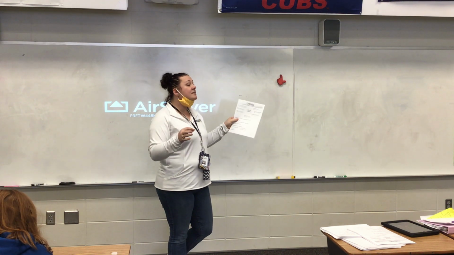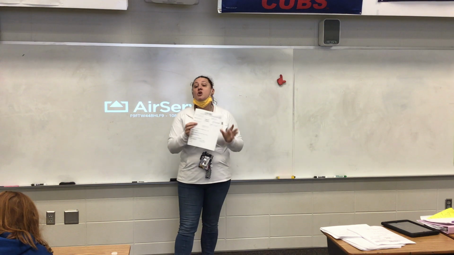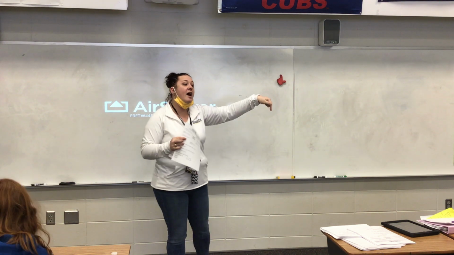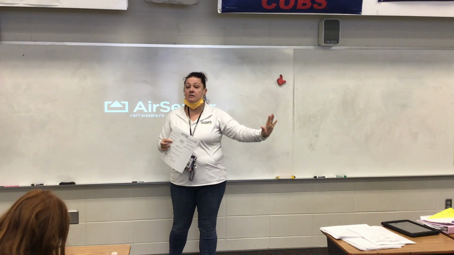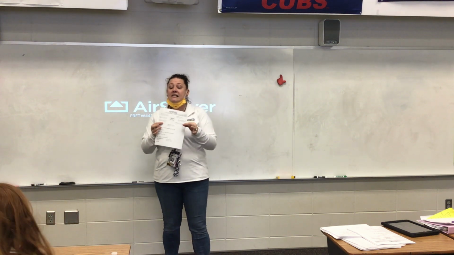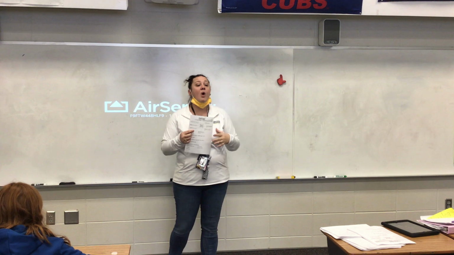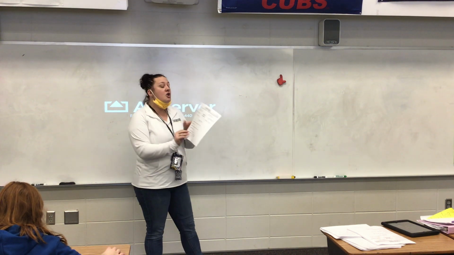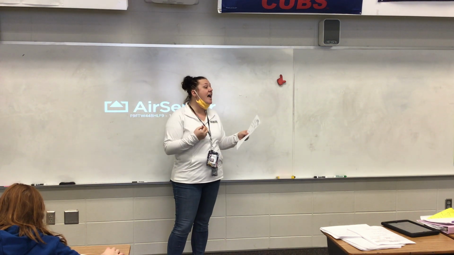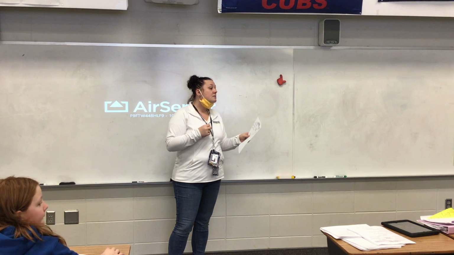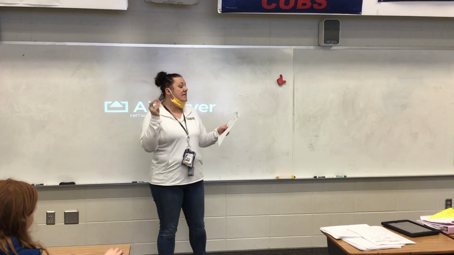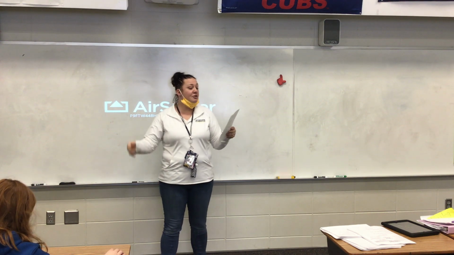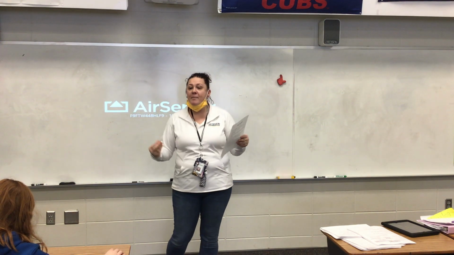So, different types of evidence that you are going to want for your essay. You're writing an argumentative essay, right? That's what we're working towards. This is different types of evidence you want to look for. You want to research and find facts, statements that can be proven true, statistics, numbers.